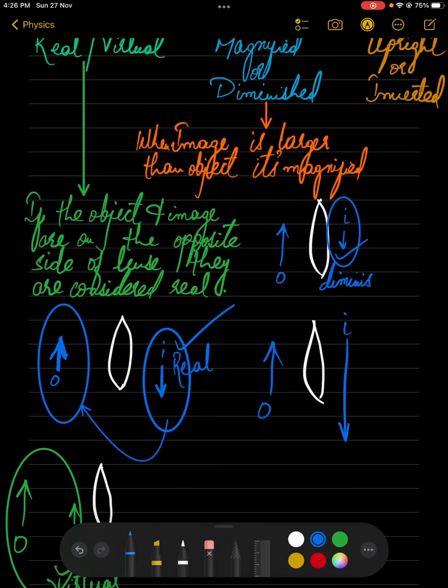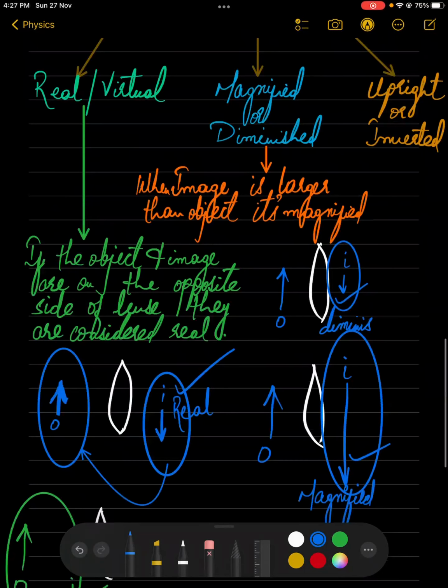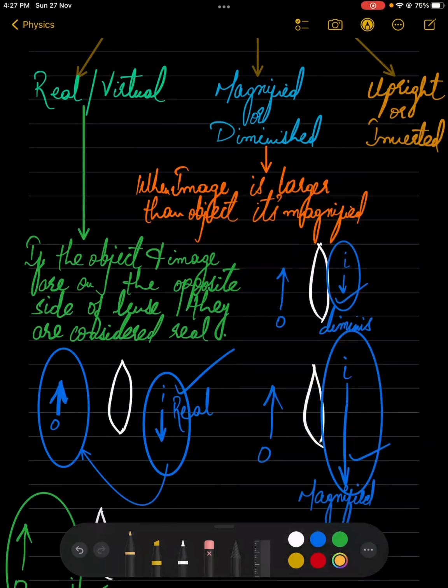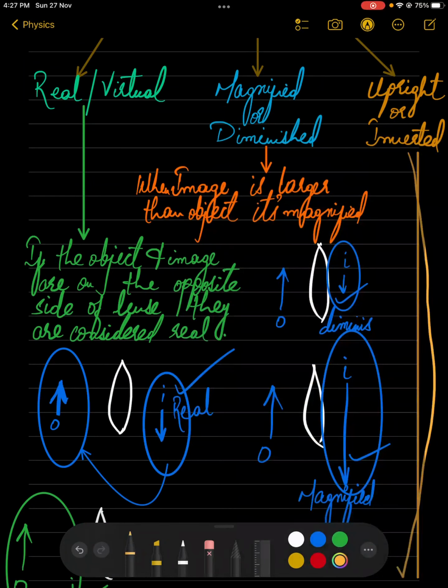Can anyone of you tell me whether my image is magnified or diminished? Magnified, very good. So we would term this as a magnified image. Now, I hope you all are perfectly clear with this. We are now moving forward onto the last property, which is upright or inverted.